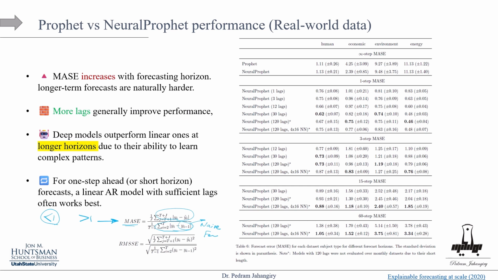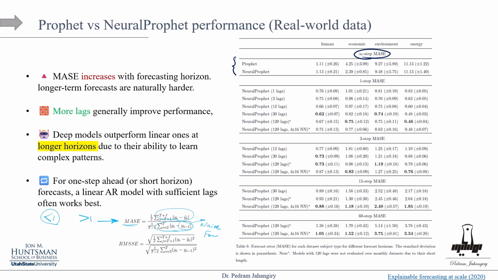Starting from the top, just like the previous table, we have Prophet versus NeuralProphet, and we are looking into infinite step MASE. Infinite step simply means that this is the entire test set. For example, for one data set, if it was airline passengers, your test set, if it is, I don't know, 10% of the data, it's 14 observations, versus another data set that can be thousands of observations, right?